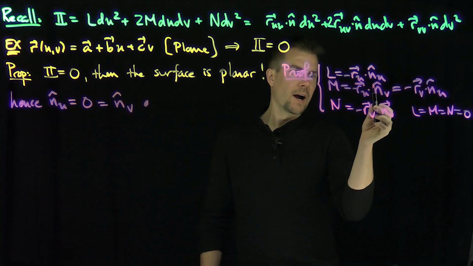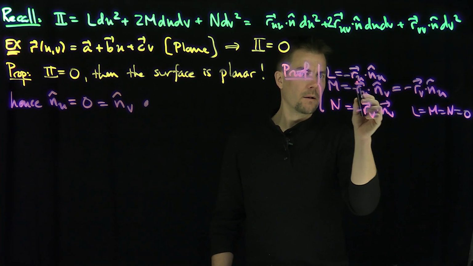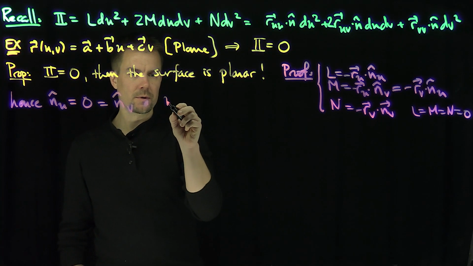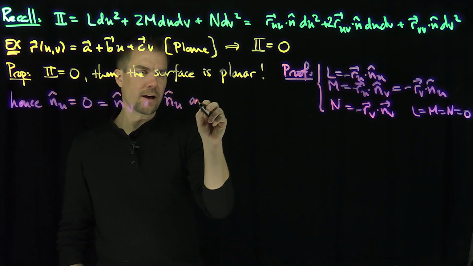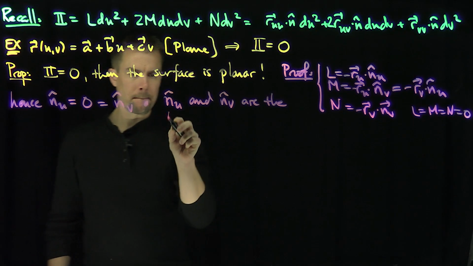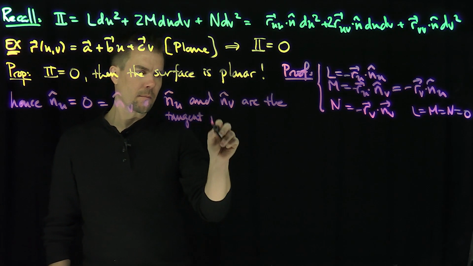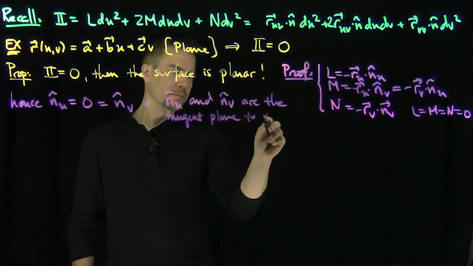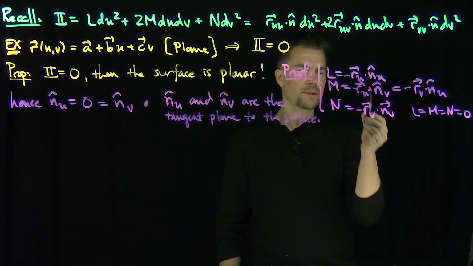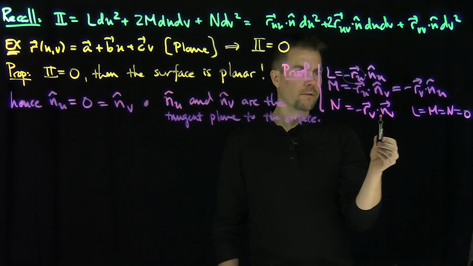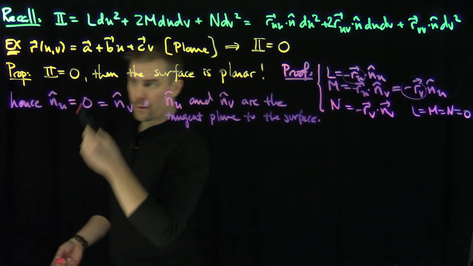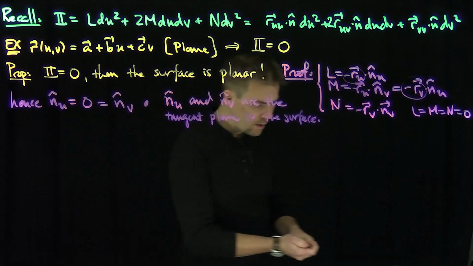The reason is that n hat_u and n hat_v are in the tangent plane, and their components along the surface's tangent vectors r_u and r_v are both equal to 0, so they're the 0 vector. Great.